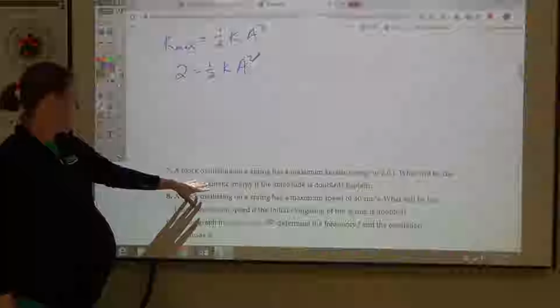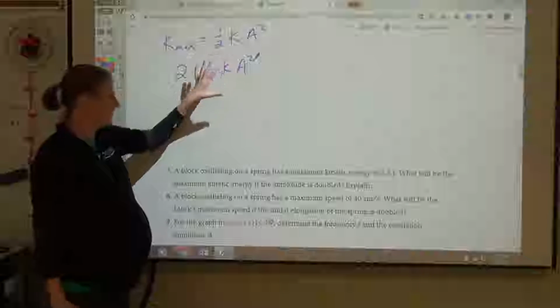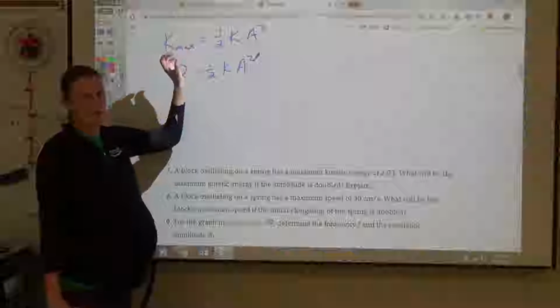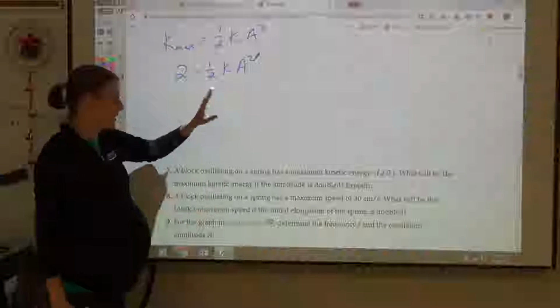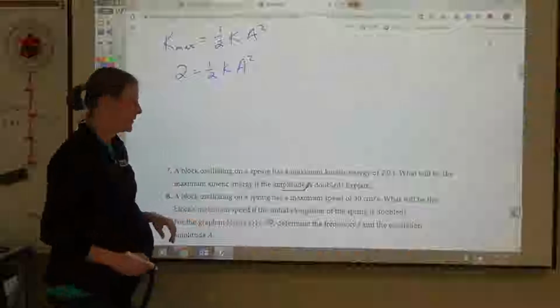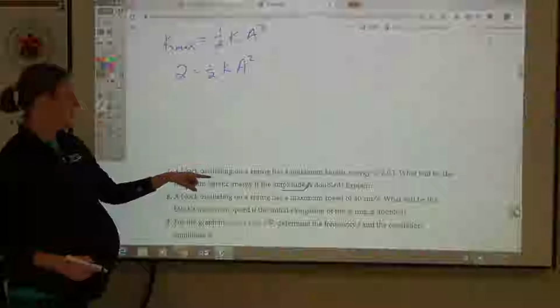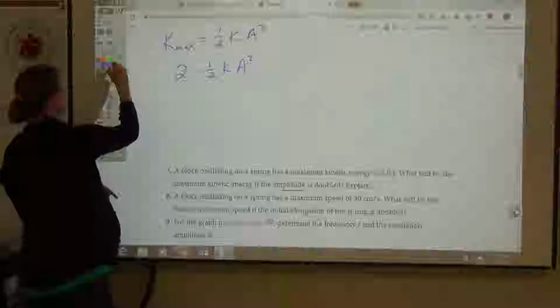I know that's the potential energy formula, but the max kinetic energy would equal the max potential energy, and I'm using the potential energy formula because that one has amplitude in it. So what will be the maximum kinetic energy if the amplitude is doubled?